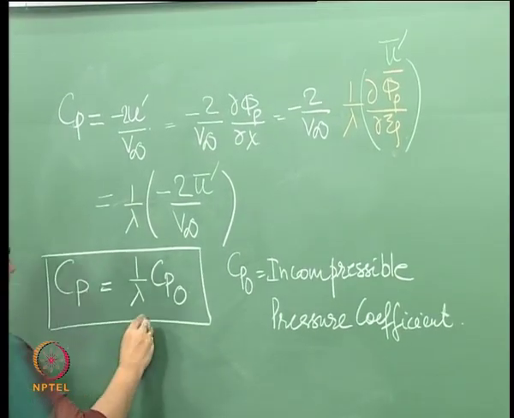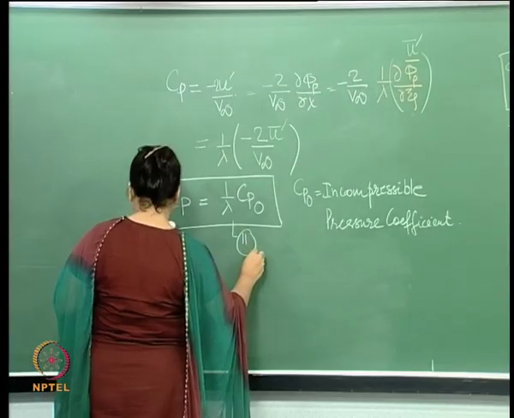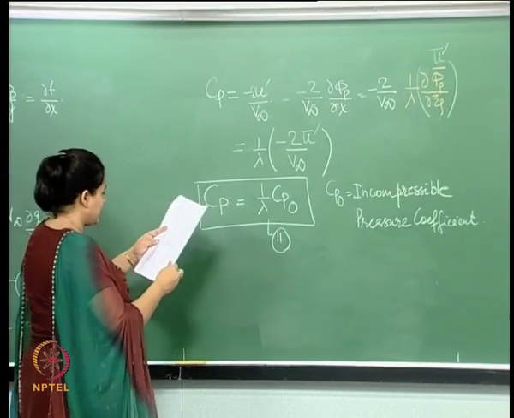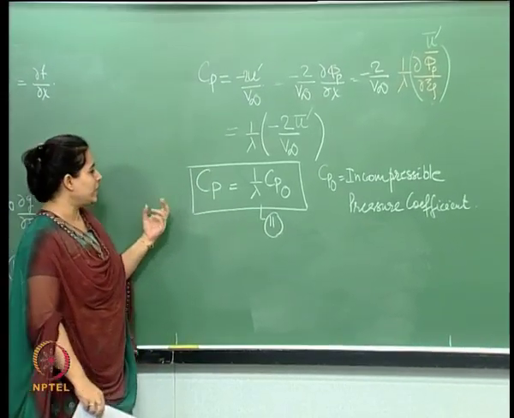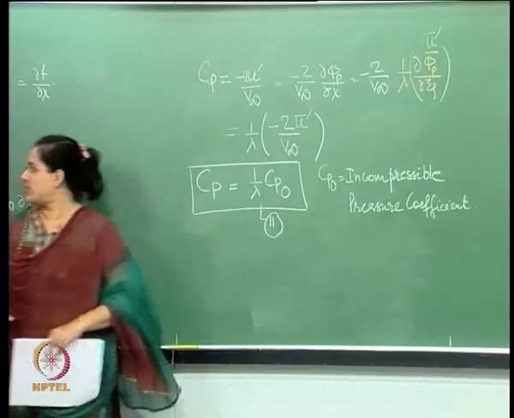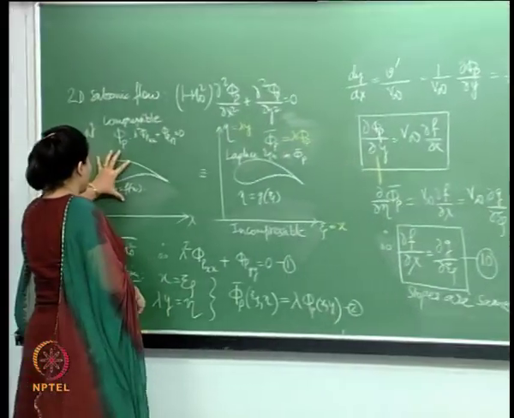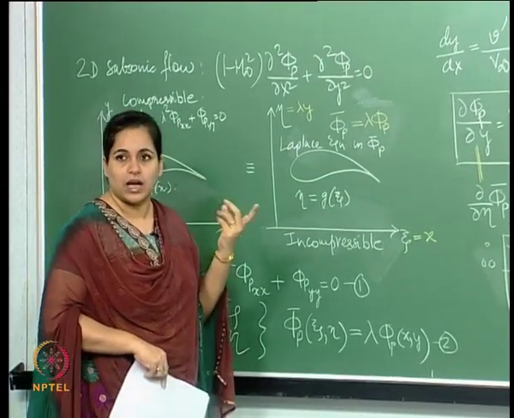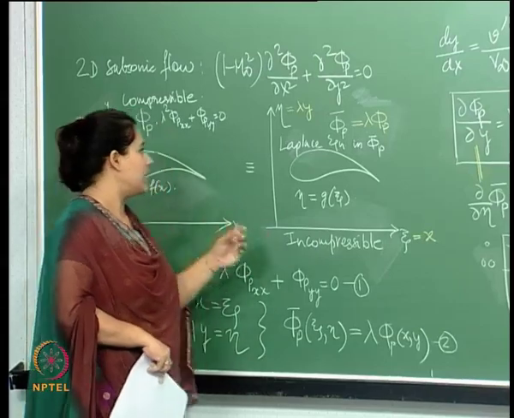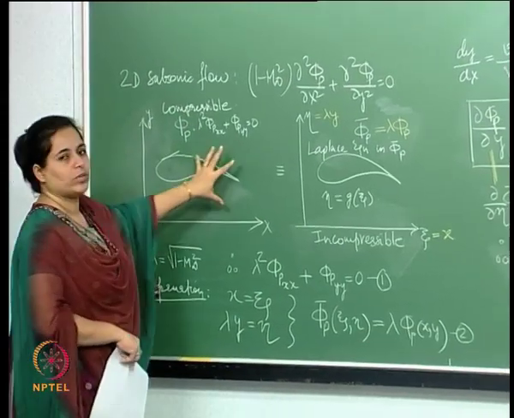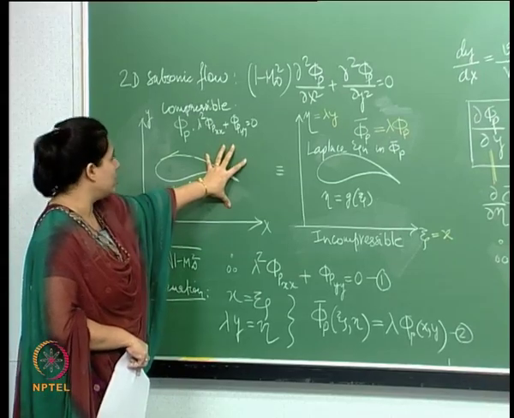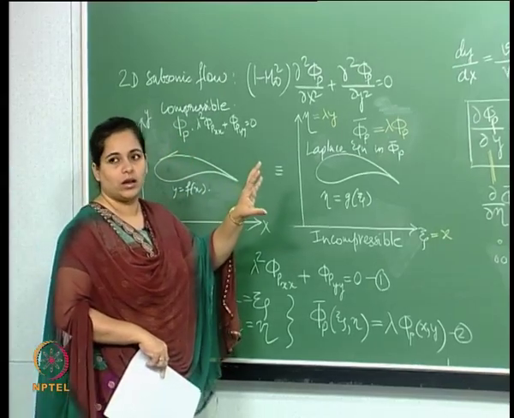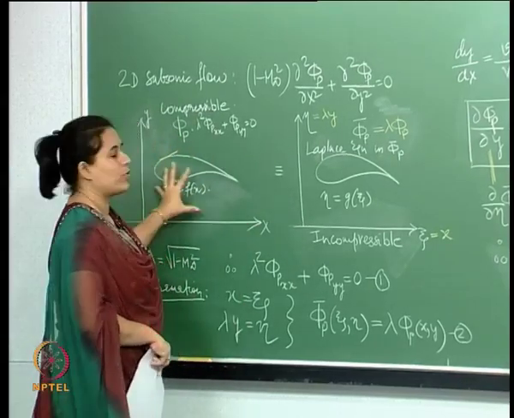And what we basically see is that we have the same body, isn't it, and what we have basically done now is that we have related the Cp in this compressible flow field to the Cp in an incompressible flow field over the same profile.